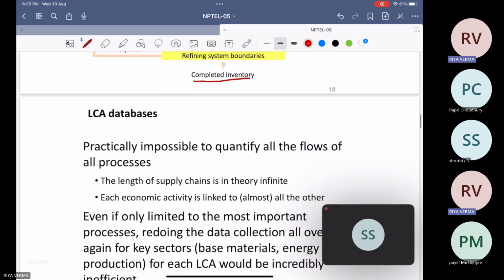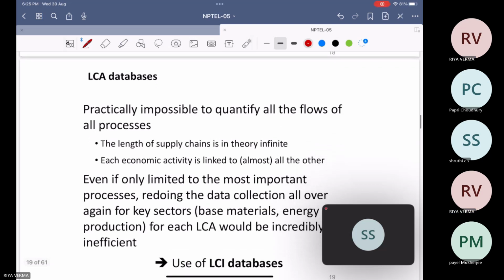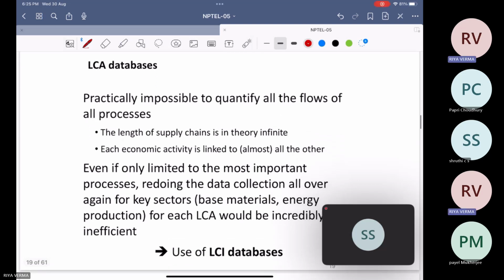Now, it is practically impossible to quantify all the flows of all the processes. That is why we had those system boundaries, and we included only those unit processes which have a significant percentage in the total LCA study.